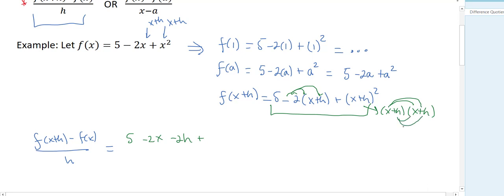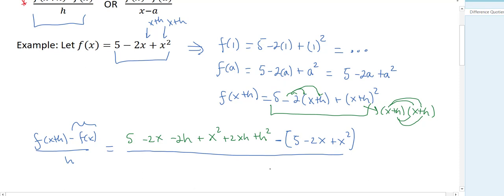So you should have a trinomial by the time you're done: x squared plus 2xh plus h squared. That's just my f of x plus h. Now we still have minus f of x. What is f of x? Well, f of x is the original function. So I'm going to make use of parentheses here: 5 minus 2x plus x squared. And it's all over h.